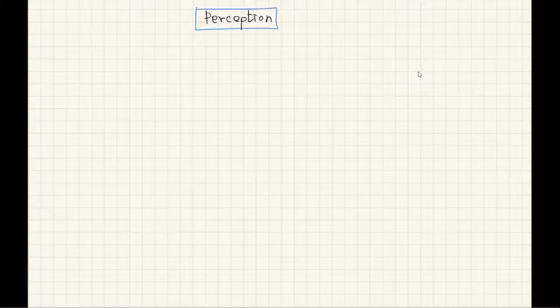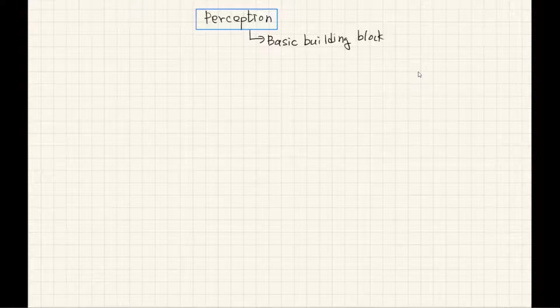Let me start with the basics of perceptron. As I mentioned in the previous class, perceptron is the basic building block of machine learning.